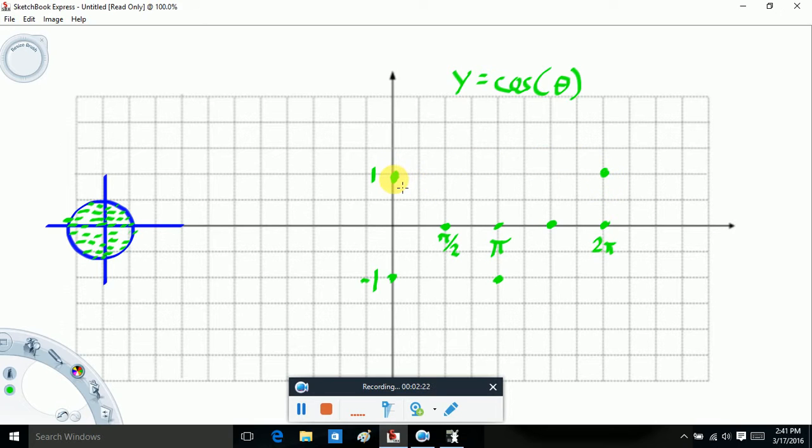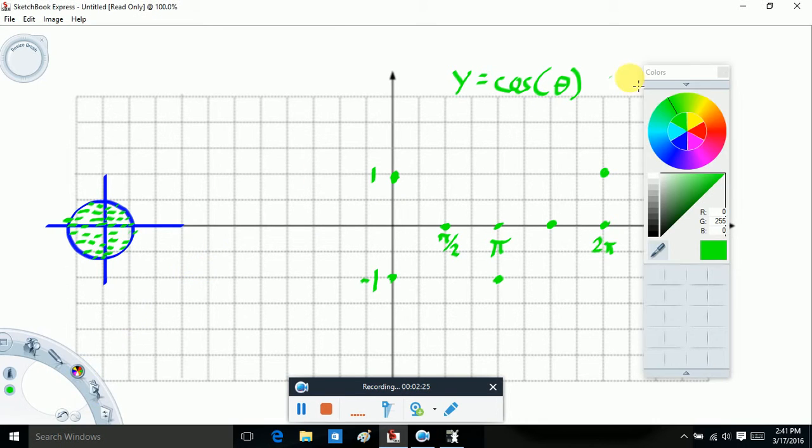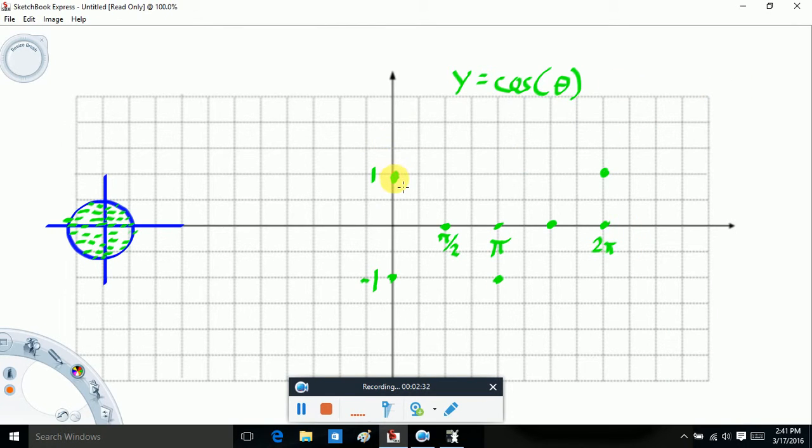So if we were to draw this graph, we can do it in a different color. Let's pick one we've never used. Orange. Okay. It starts at its max, goes to 0, goes to its min, goes back to 0, and then up to its max. So the way we can write this is the max.